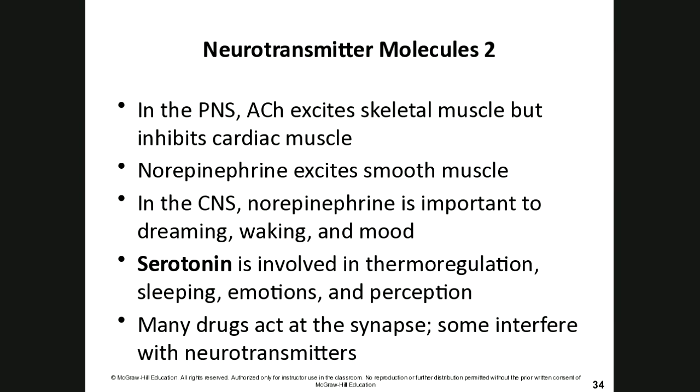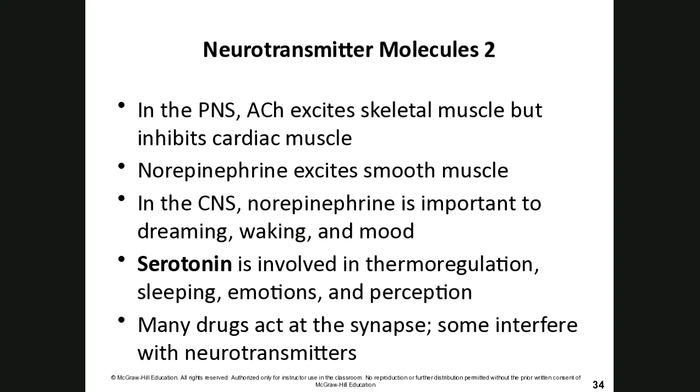It just sends the message. How that receiving cell responds, that's a different story. So in the peripheral nervous system, acetylcholine excites the skeletal muscle, but it inhibits the cardiac muscle. So when there's acetylcholine released at cardiac muscle, those cells have a different response to that message.